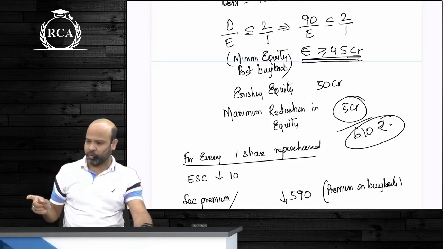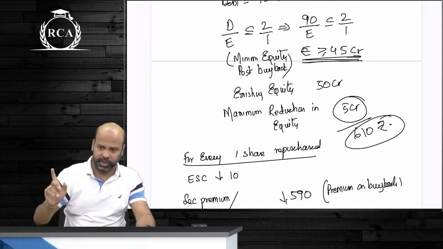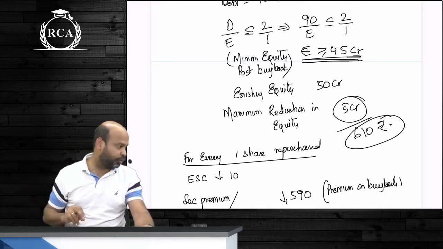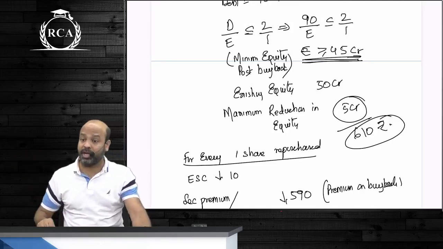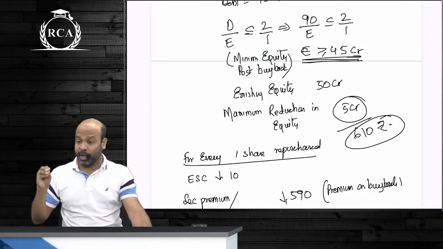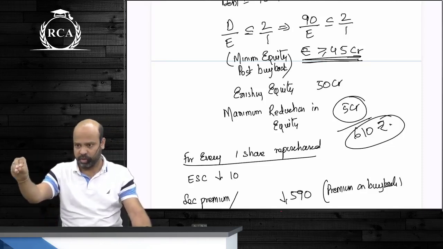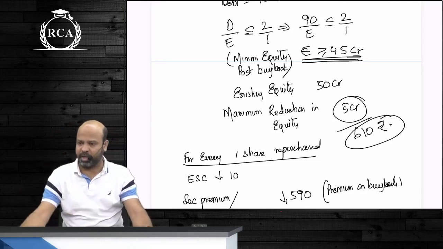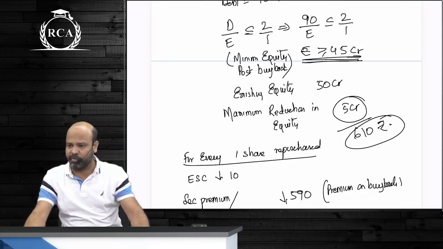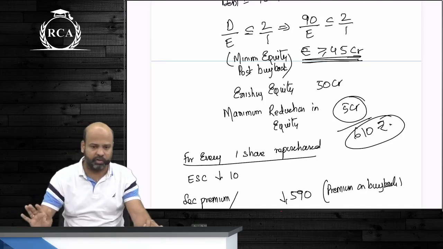What is the reason that I told you? Every time you buy back an equity share, our example face value was 10 rupees, premium on buyback was 590 rupees. You are paying 600 rupees to the shareholder. So your equity share capital will reduce by 10 rupees, your reserves will reduce by 590 rupees. Yes or no?